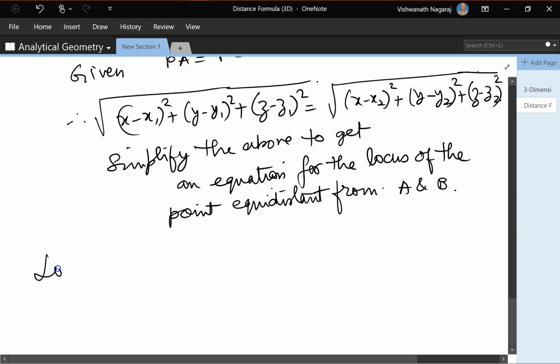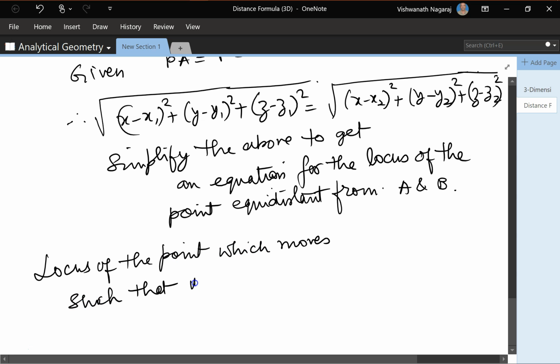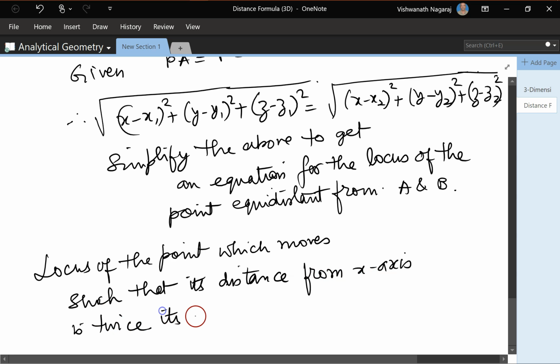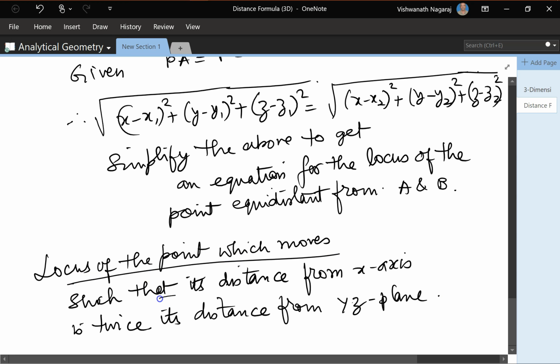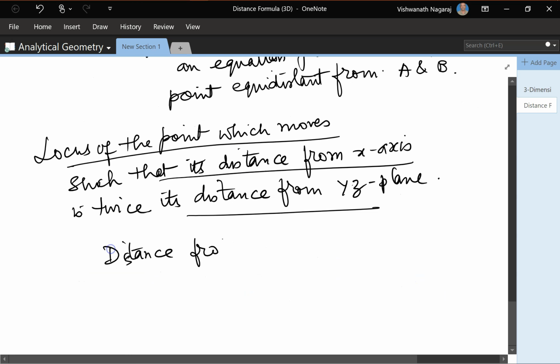Okay, let's look at locus of the point which moves such that its distance from x-axis is twice its distance from yz plane. Right? Don't get confused.